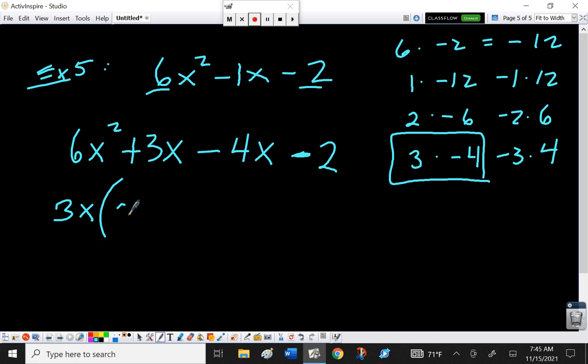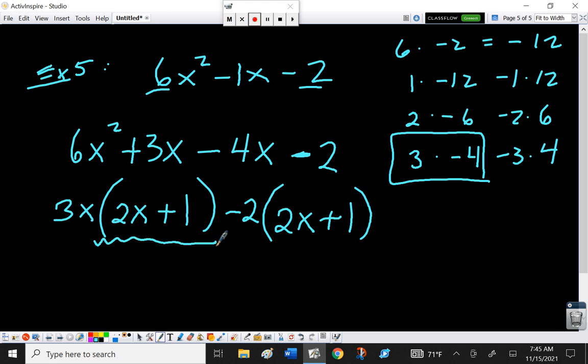That will leave us with 2x plus 1. Because again, 3x times 1 will give us a 3x. 4 and 2 also have a common factor. That's 2. But we're taking out a -2, so be careful with this, because -4 divided by -2 is +2x, and a -2 divided by -2 is a +1.